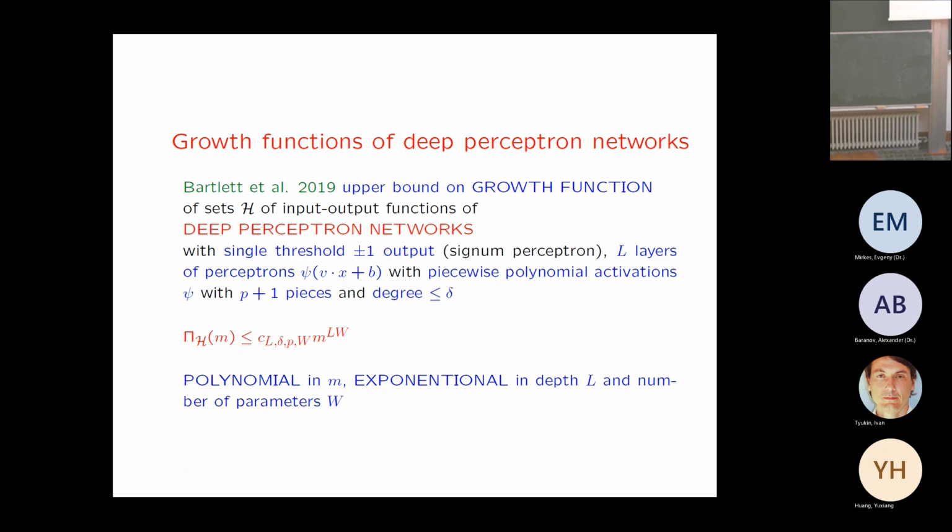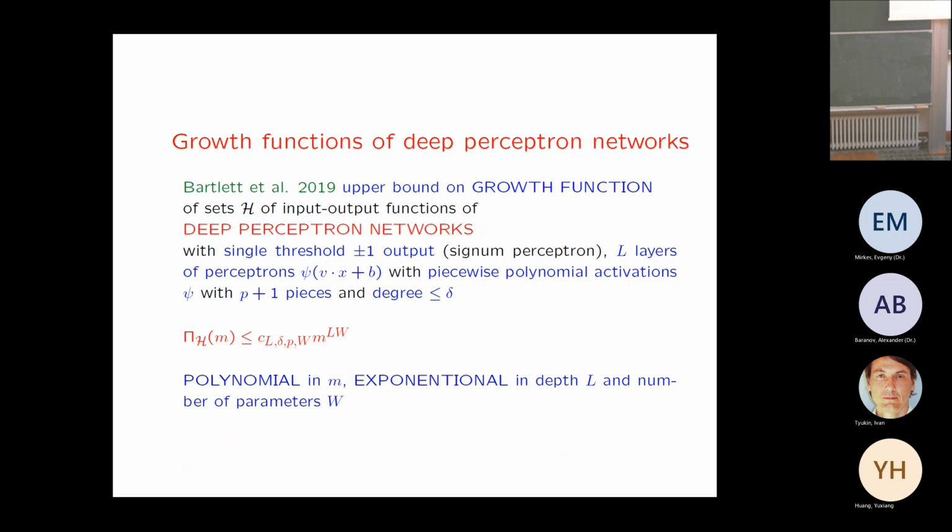So here is a result that is quite new, and it's due to Bartlett and his colleagues, an upper bound on the growth function of what? Of something we are now very interested in, and this is the set of deep perceptron networks.